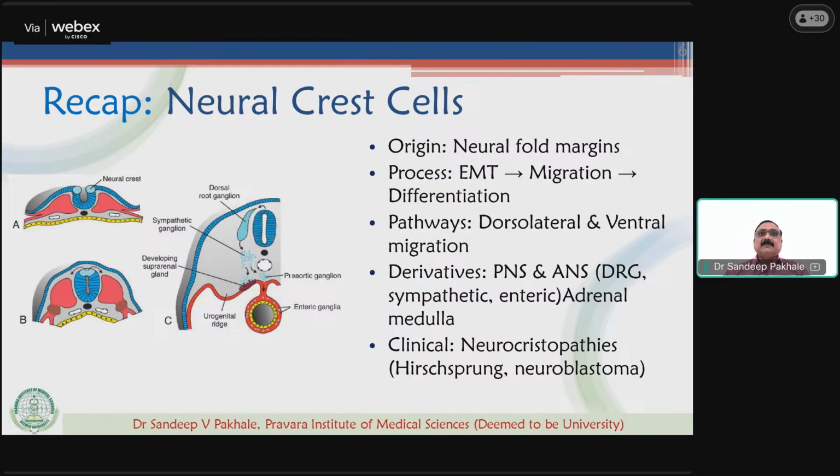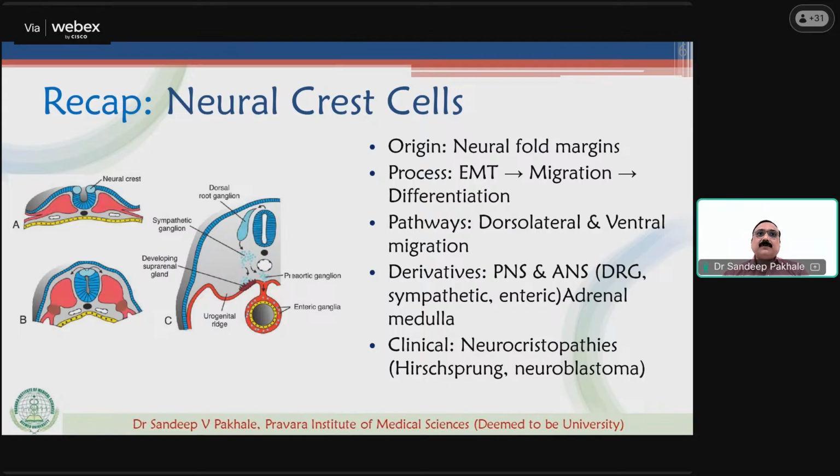So the neural crest originates from the margins of the neural folds during neural tube closure. They undergo an epithelial mesenchymal transition. They detach and then migrate extensively along the dorsolateral and ventral pathways. What is important to appreciate is their multipotency.